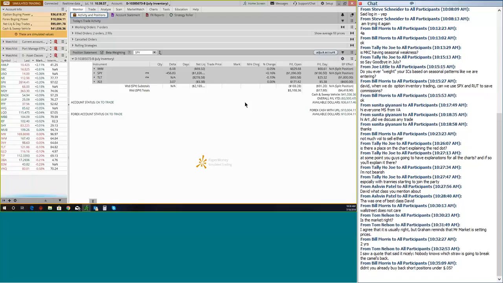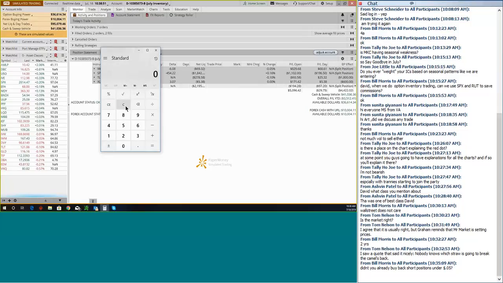We took advantage of the spikes in volatility and got some decent premium because of that. So with all that said, I'm down 200 bucks. To give you an idea, it's 1% of what I had at risk on this trade.